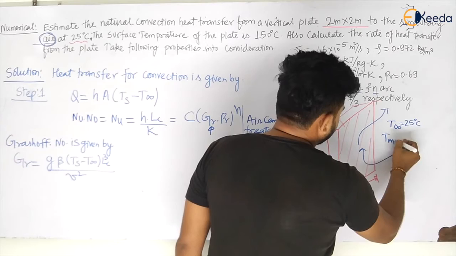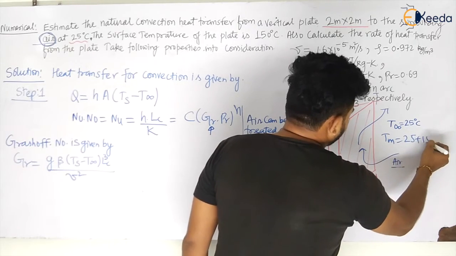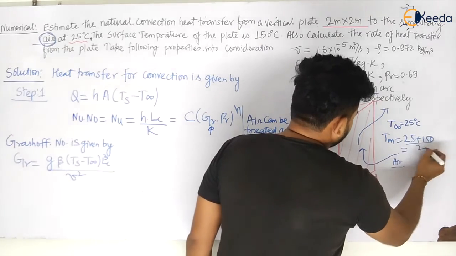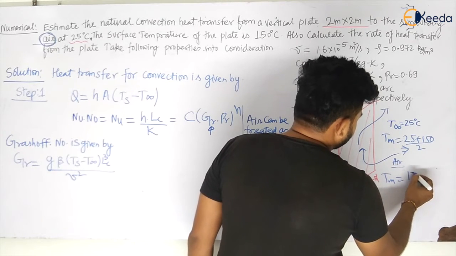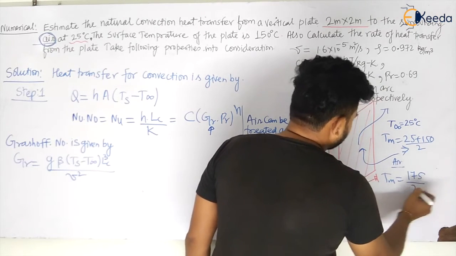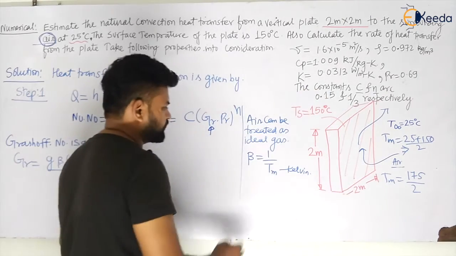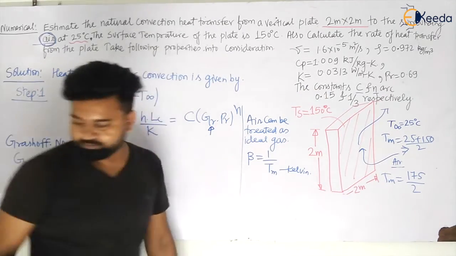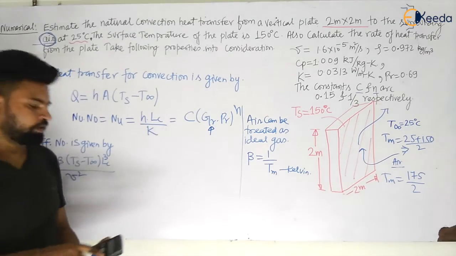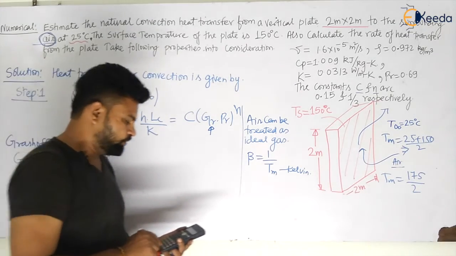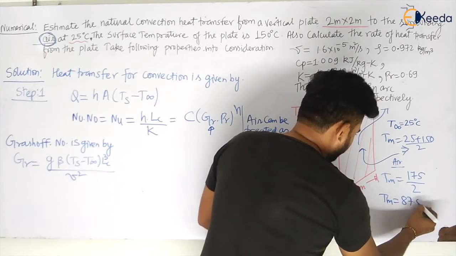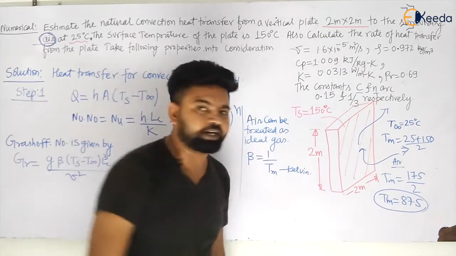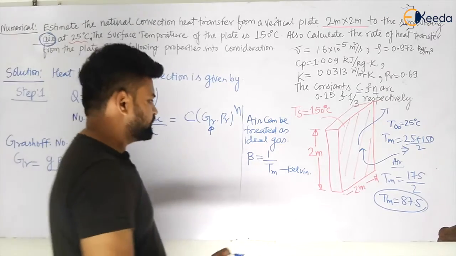So mean temperature will be given by 25 plus 150, divided by 2. So Tm will become equal to 175 divided by 2. This will be equal to 87.5, my dear students, because all the properties will be calculated at the mean temperature.